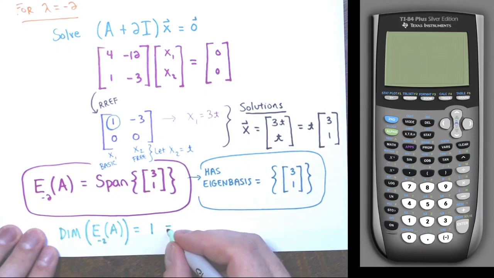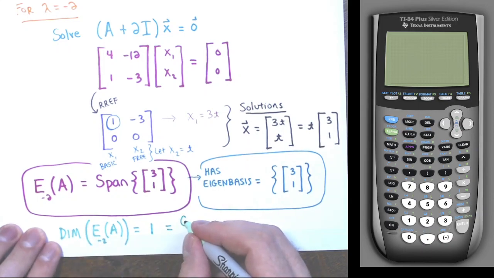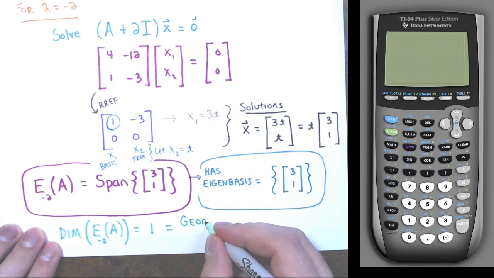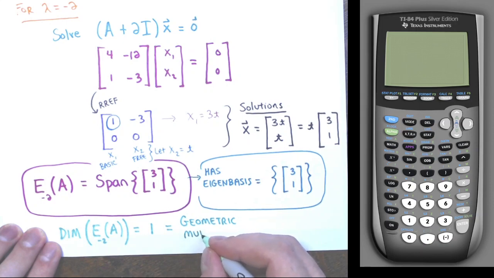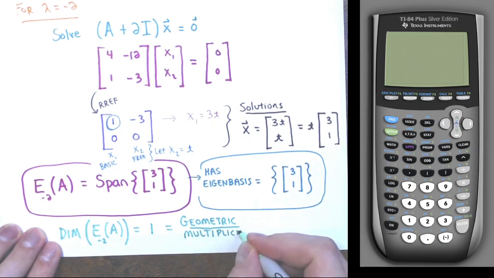And remember, this dimension of the eigenspace is called the geometric multiplicity of lambda equals -2.